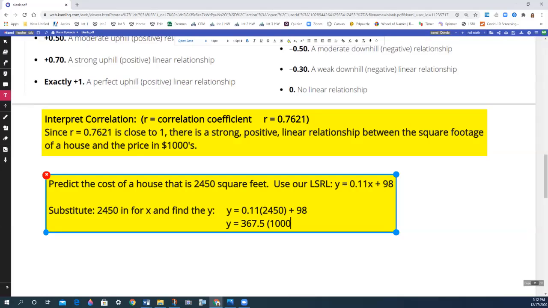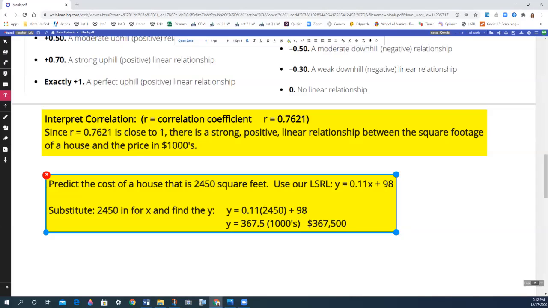So if I was to times that by 1,000, it is 367,500. So it's going to be $367,500,000... I mean $367,500. That would be our prediction.